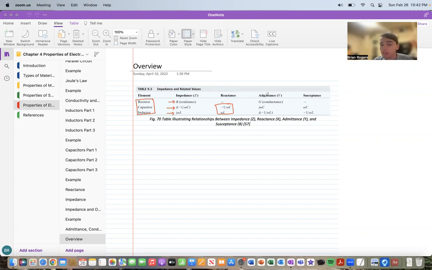The reciprocal of resistance is conductance. The reciprocal of the reactance, if you take the reciprocal of this, you will get j omega C. Take the reciprocal of this, you'll get negative 1 over omega L times j. And so susceptance is the reciprocal of reactance. So that's what you'll get here. And this table just clearly illustrates the relationships between those three. And those are the biggest three components that you will see throughout your entire electrical engineering career.